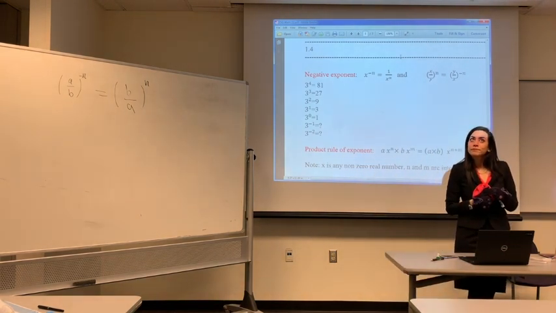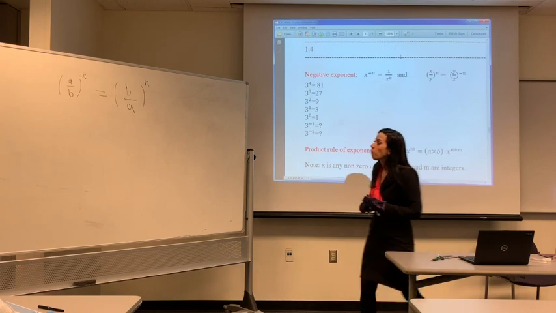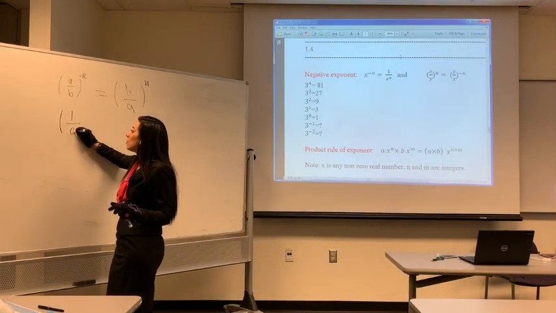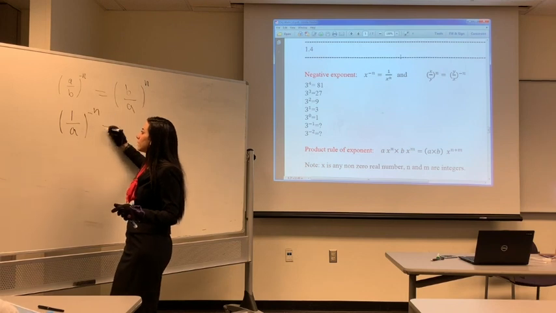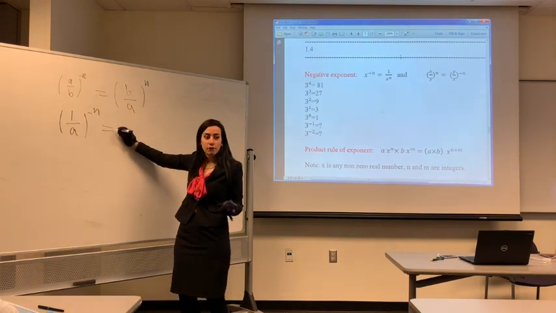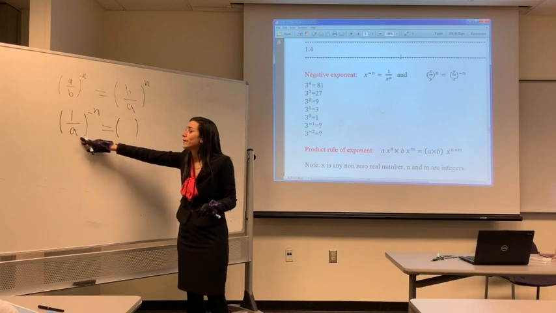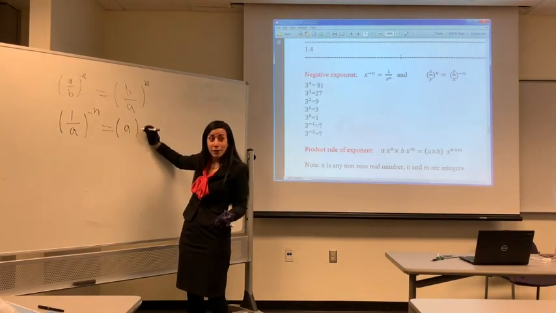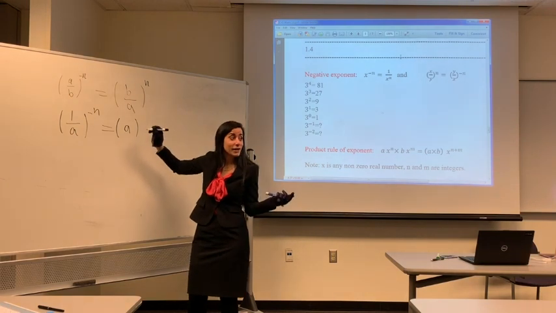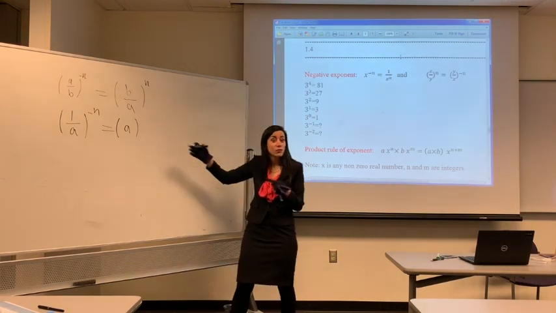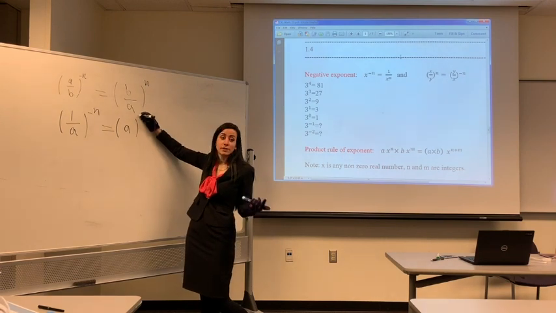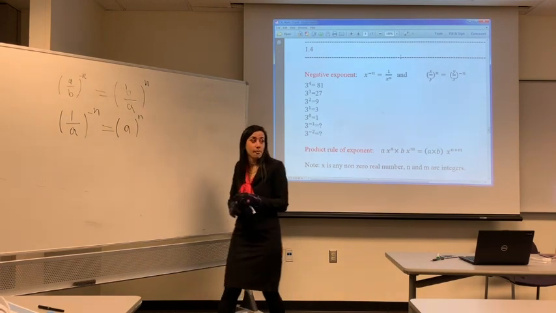Then, what else? Let's say you have 1 over A, power -n. The reciprocal of 1 over A is A over 1, which is A, correct? Do you see that? A over 1, which is A, and then the power will change to a positive n.